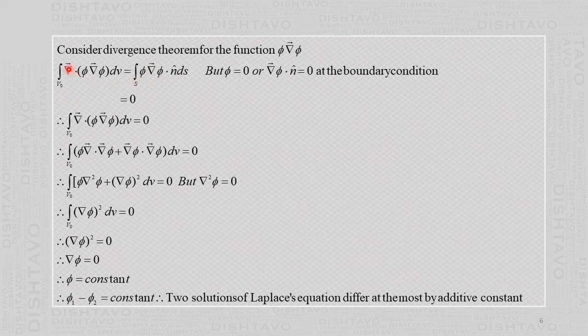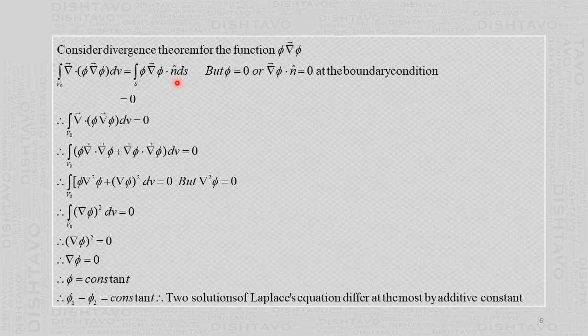So here, volume integral, that means triple integral of divergence of function which is phi grad phi, dv, that comes because it is a volume integral, that is equal to the surface integral of the function, that is phi grad phi, then dot vector ds comes because it is a surface integral, and that vector ds is written as dot n cap ds.